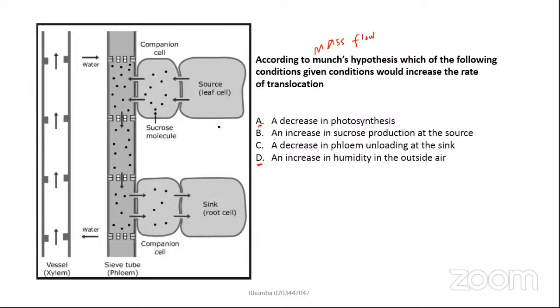Wait, Letitia, does an increase in humidity bring about closure of the stomata? Yeah, because the water vapor on the outside is much compared to the one in the cells. Okay, thank you for that.